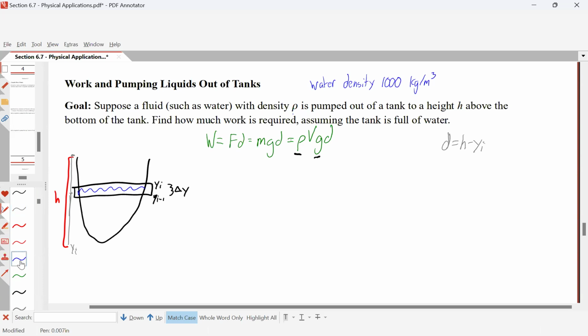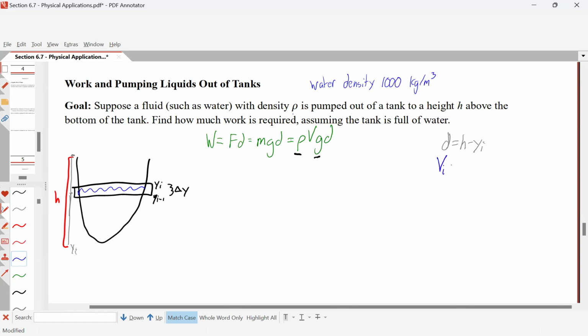Volume, we're looking at a slice. We've done these slicing ideas before. When we took a look at volumes by slicing, what we wanted to do, like slicing up a loaf of bread, is there is a tiny little width or height to this layer of water, and then there's a surface area to this water.